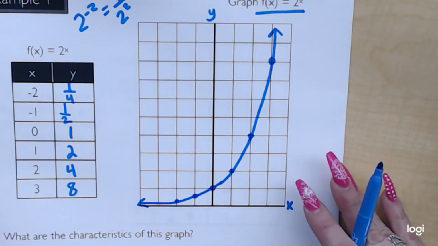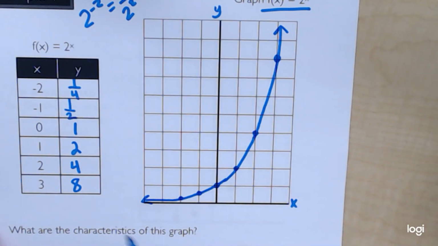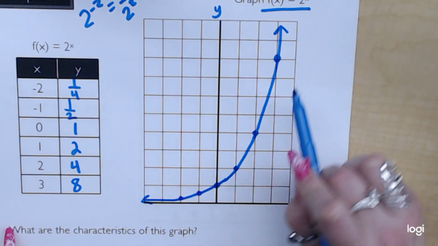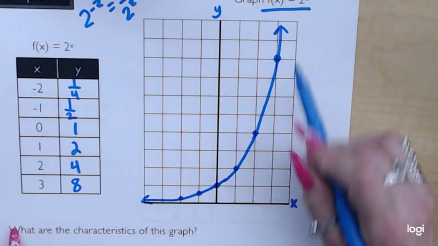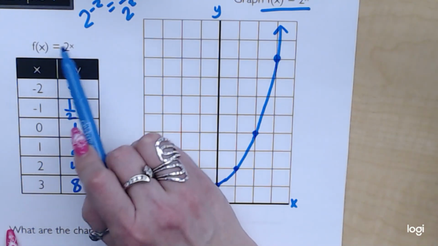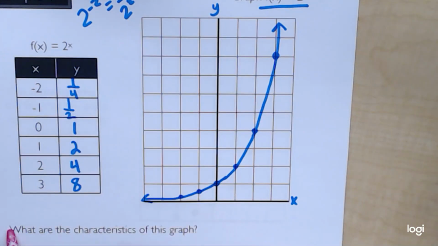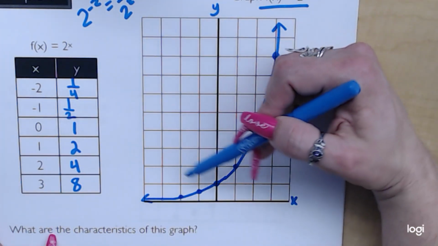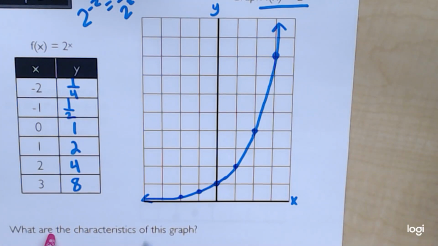And we now look at the characteristics. Well, it looks like it has a positive incline going up here, and that could be because this 2 is a positive and not a negative. Maybe if it's a negative, it's going to go down this way. We'll have to see.